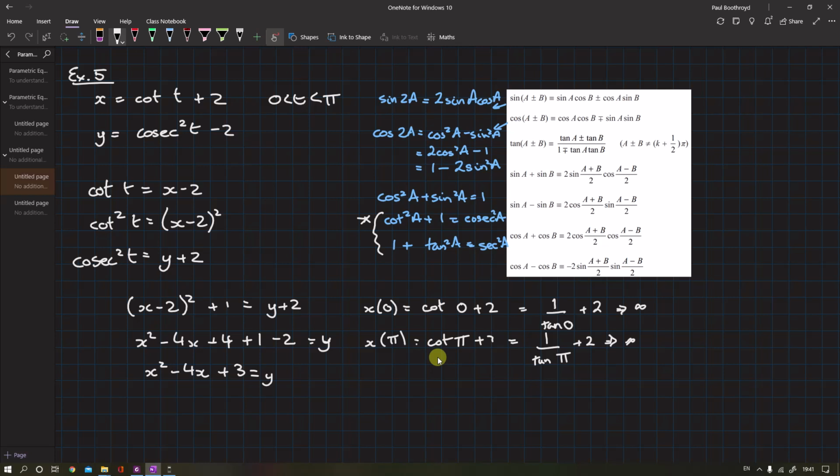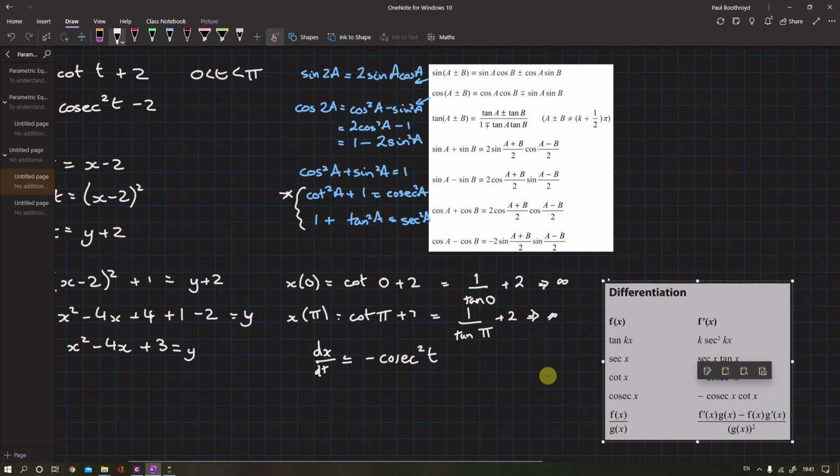What we need to work through is to find out, is there any minimum point? If not, it's going to be from minus infinity to plus infinity because of the nature of the tan. So dx/dt is minus cosec squared t, and let's see if we can make this equal to 0.